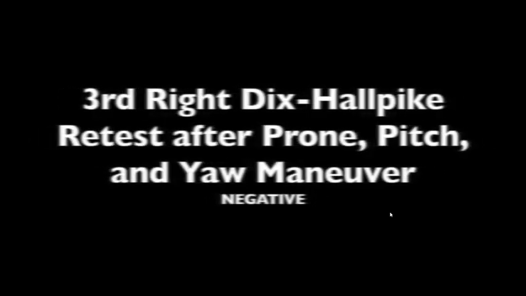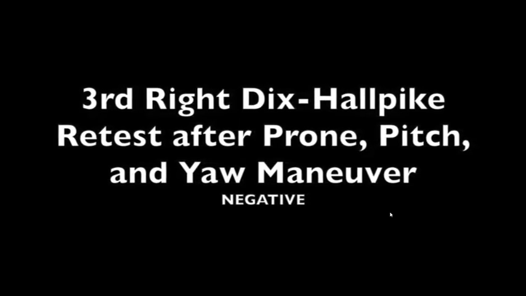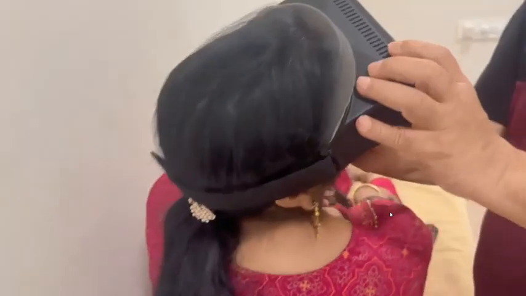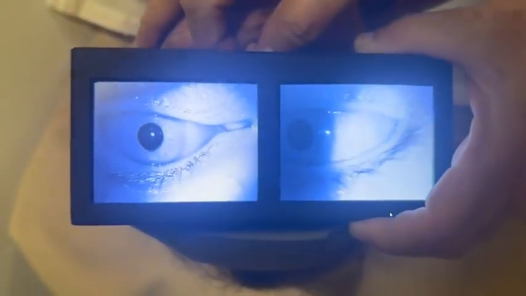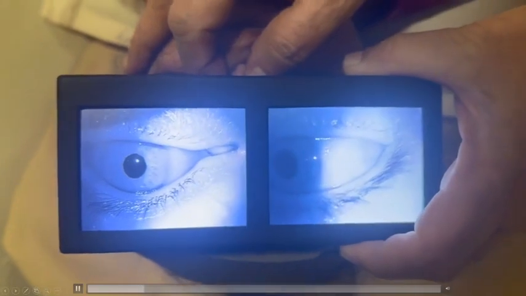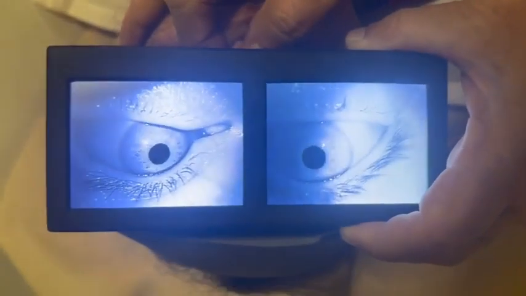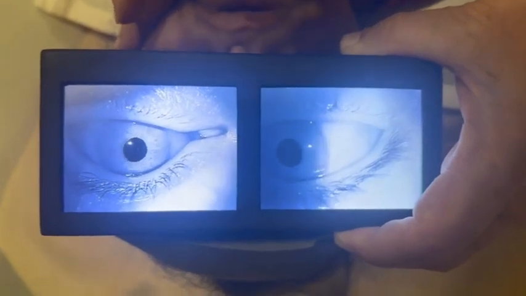Right Dix-Hallpike retest was done 24 hours after the prone pitch and yaw maneuver, that is the adapted prone pitch and yaw maneuver, which we call the Dorasala prone pitch and yaw maneuver. Right Dix-Hallpike test during 1 minute of head hanging was absolutely normal with static eyes.